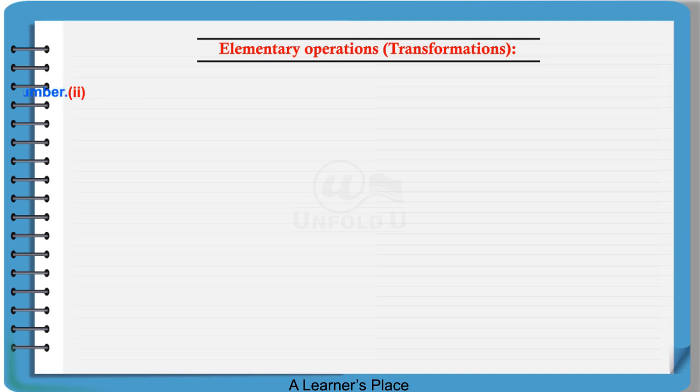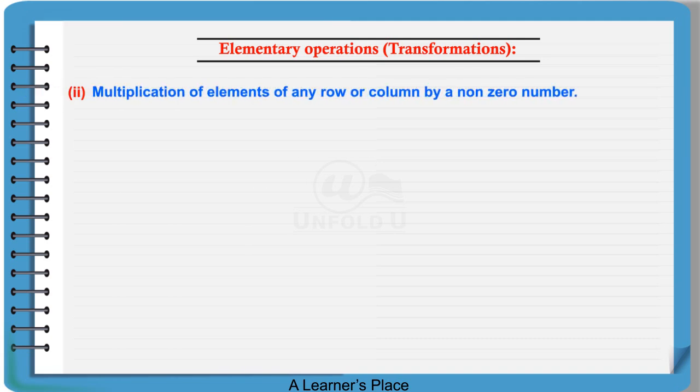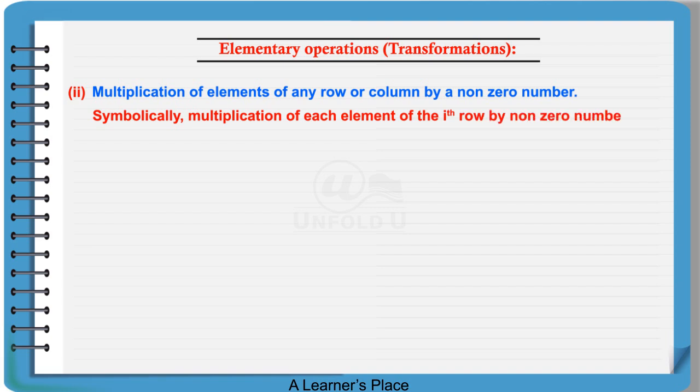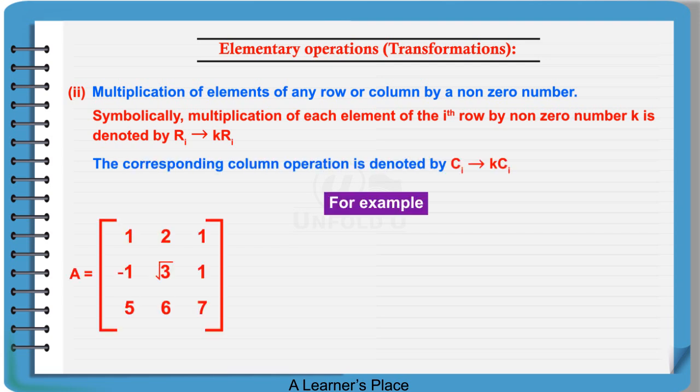Second, multiplication of elements of any row or column by a non-zero number. Symbolically, multiplication of each element of the ith row by non-zero number k is denoted by. The corresponding column operation is denoted by.